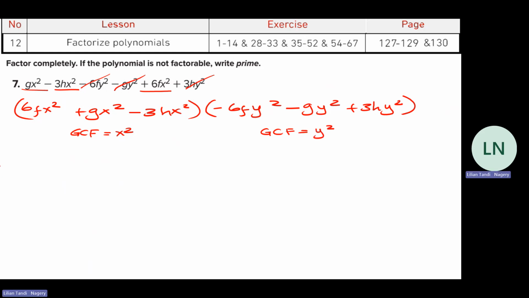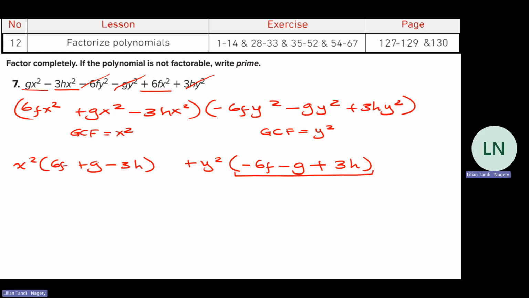Okay. So I'm going to put x squared outside. I'm going to put 6f plus g minus 3h, like that. Okay. And I put here positive y squared. And then I am going to put here negative 6f minus g plus 3h. What do I notice?